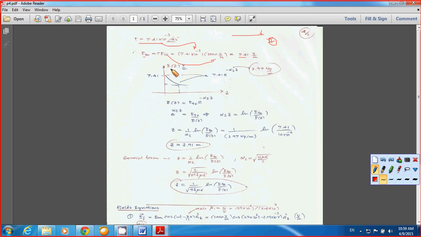So you look at the plot of Z here, deep inside the ocean. This is in medium number 2 already, in the ocean. You start with the magnitude of the electric field, 7.41 volt per meter, and you're looking for the place.